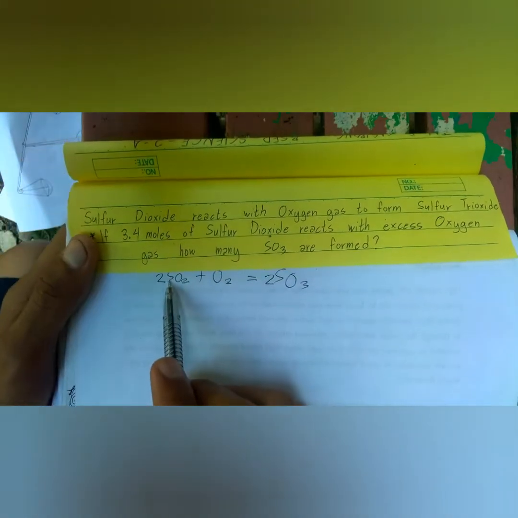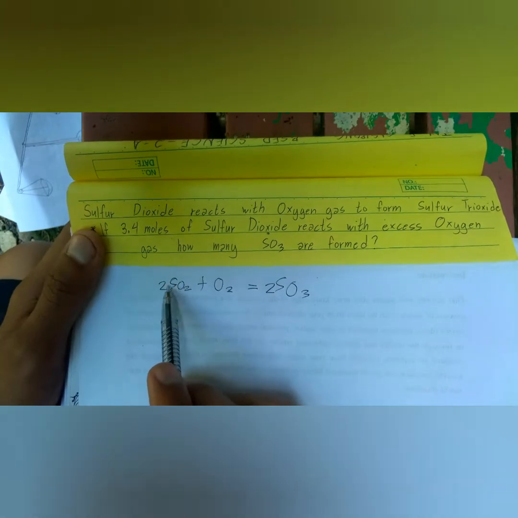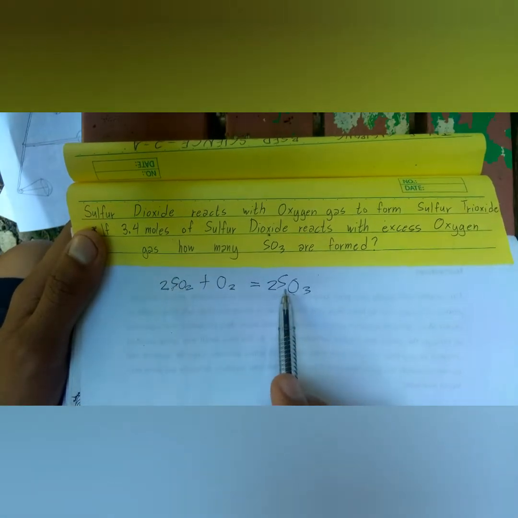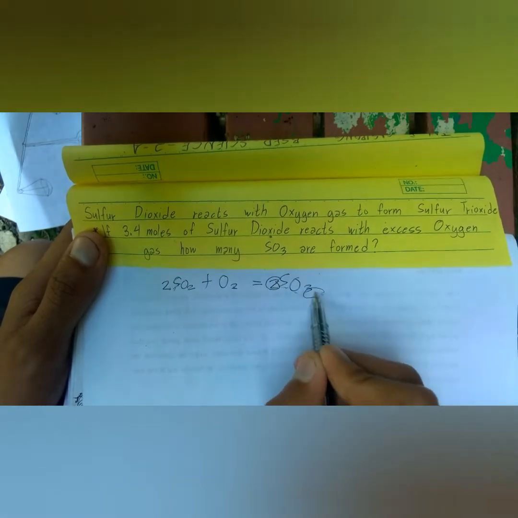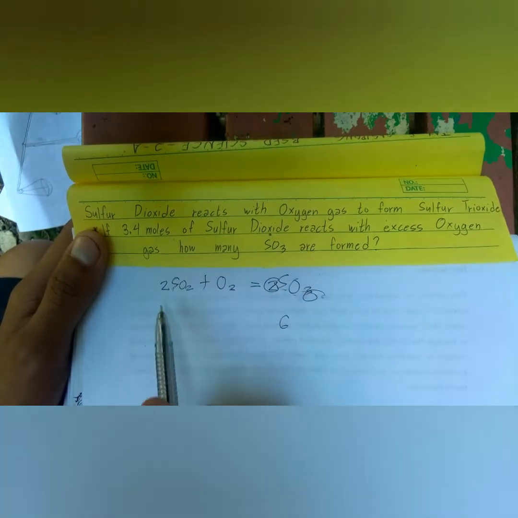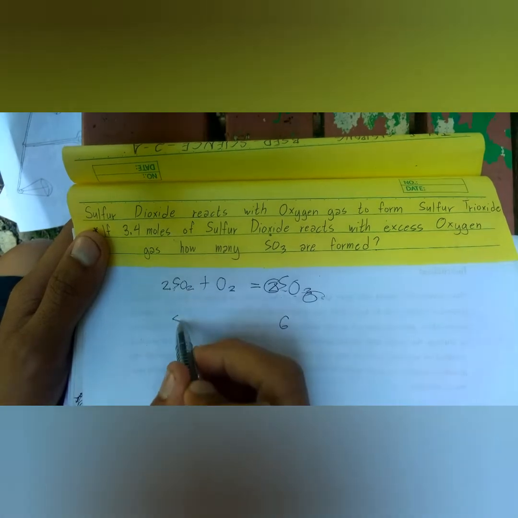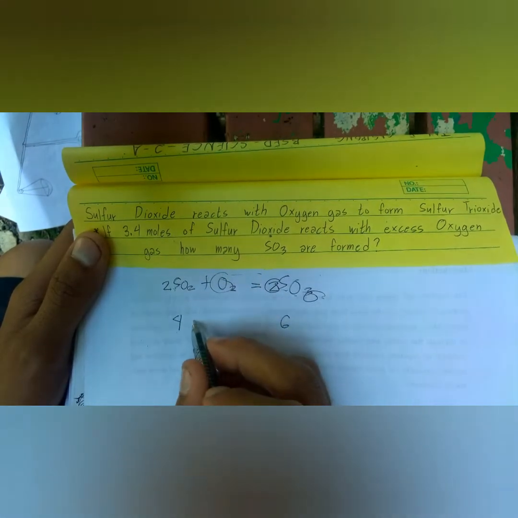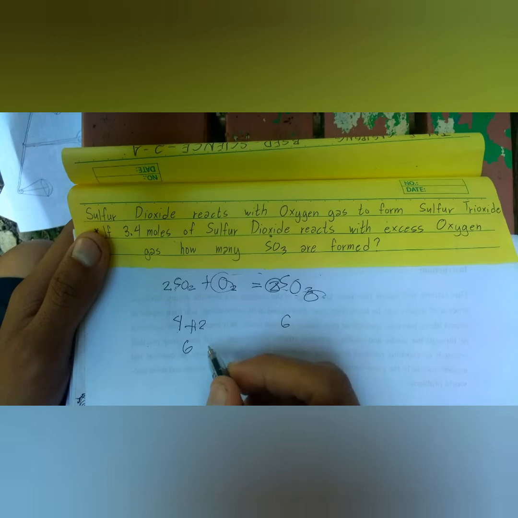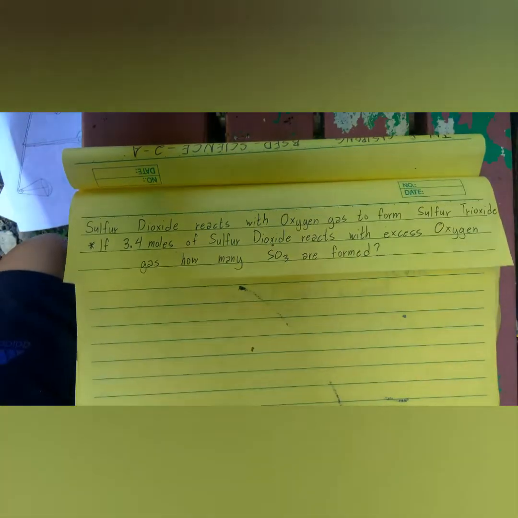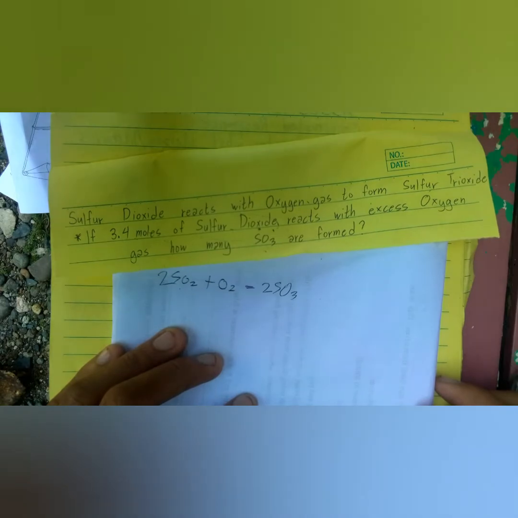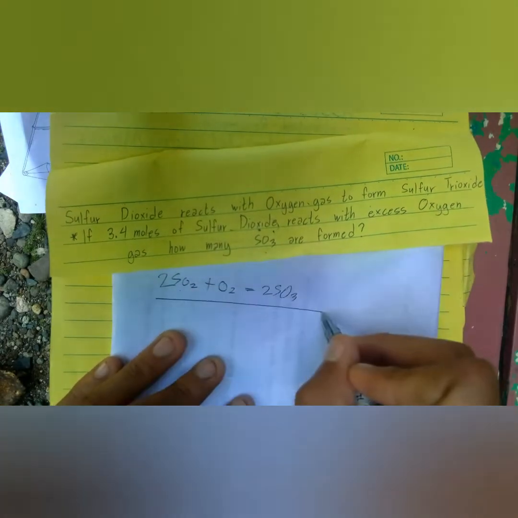We have 2 sulfur atoms on both sides and 6 oxygen atoms on both sides. 2 times 3 is equal to 6. 2 times 2 is 4 plus another 2. So there's only 6. So it's already balanced. So now we have a balanced chemical equation.